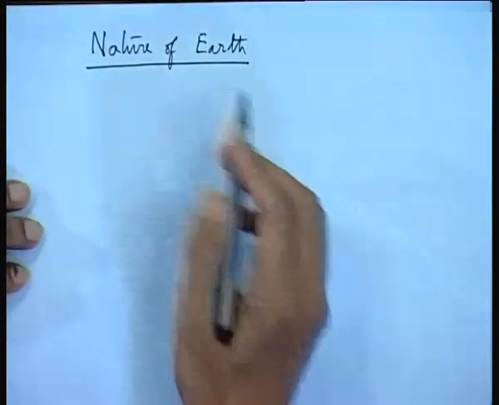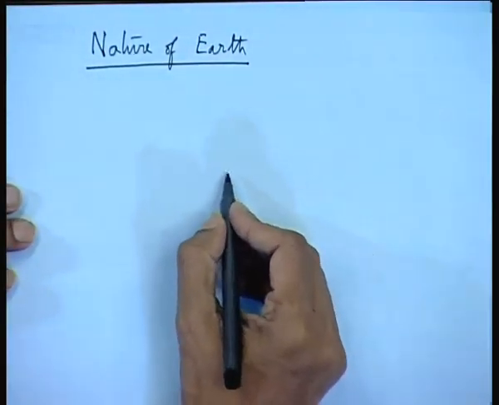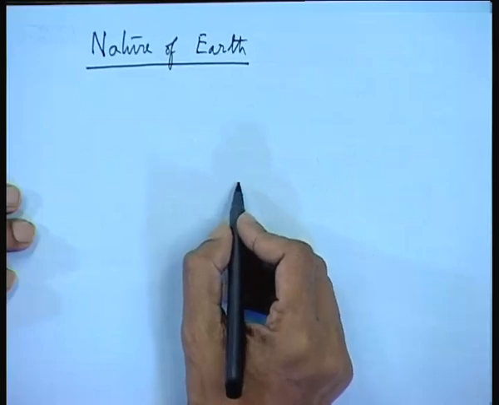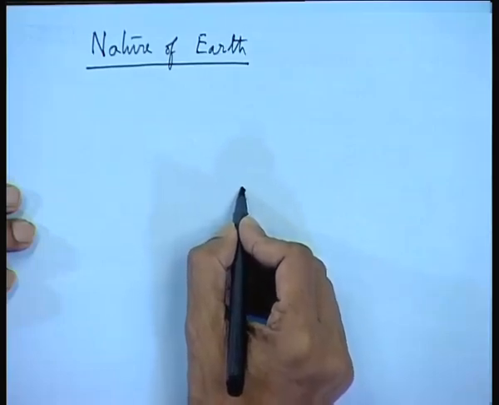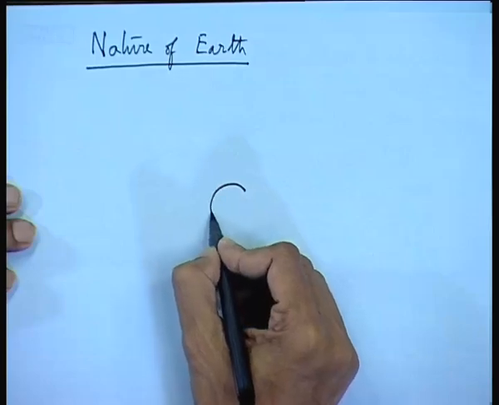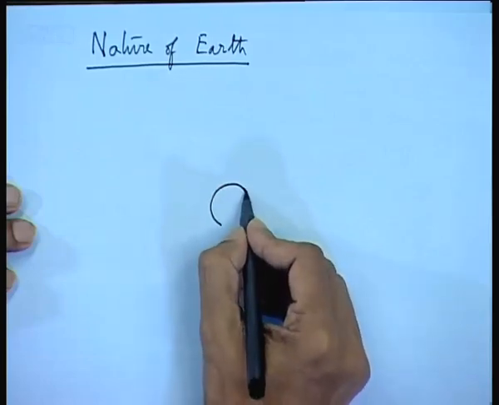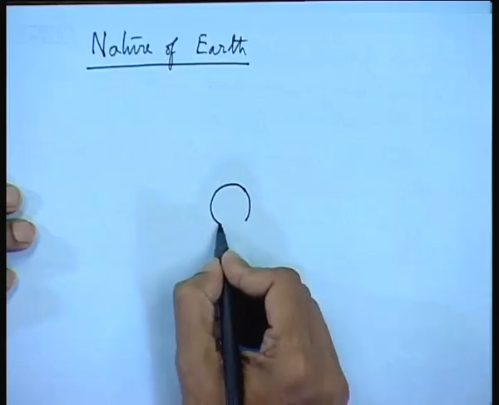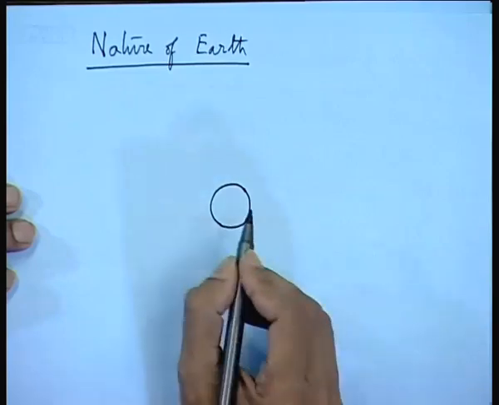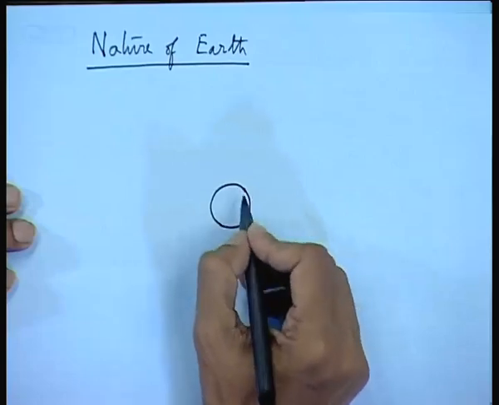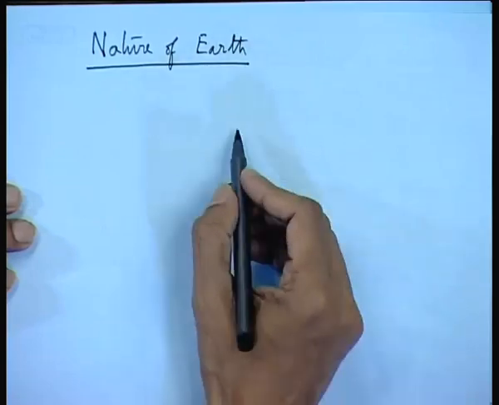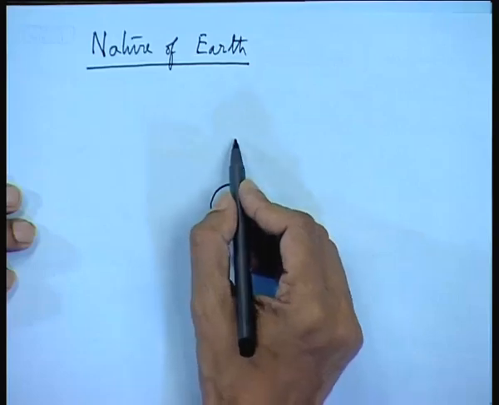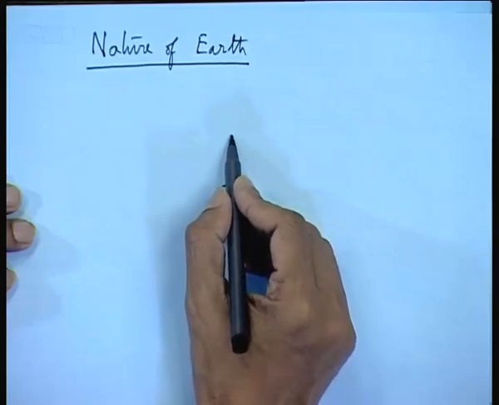Now, besides this, coming to the physical nature of the earth, that is the physical properties, the earth, you will be surprised, is not exactly round or exactly circular in shape, but it is somewhat elliptical. As you can see from this figure, the inner one is called the core, and on top of this core you have a cover or a mantle.